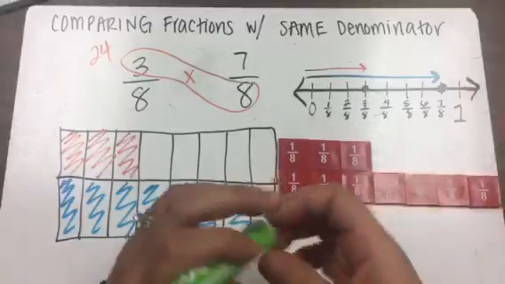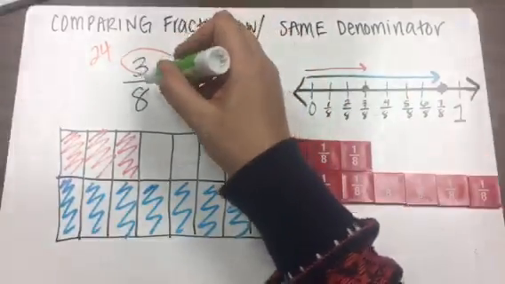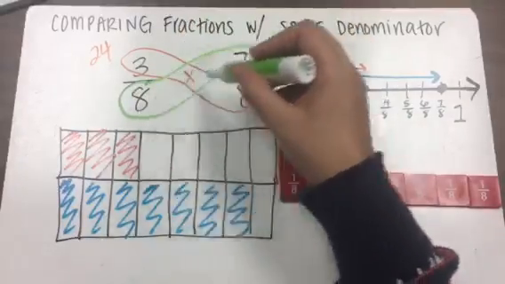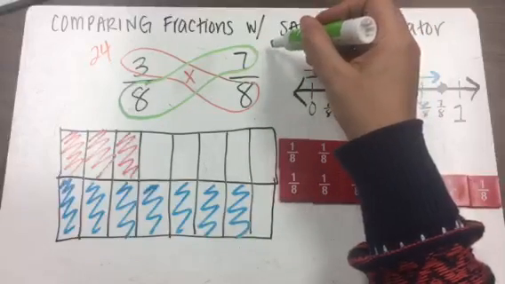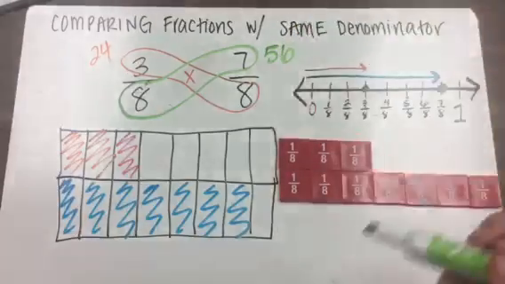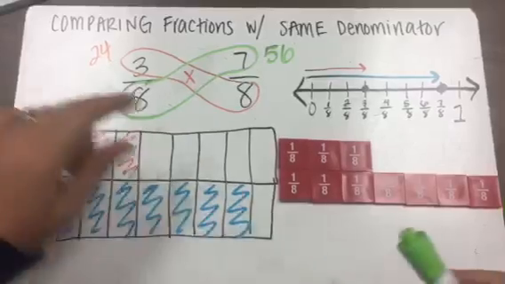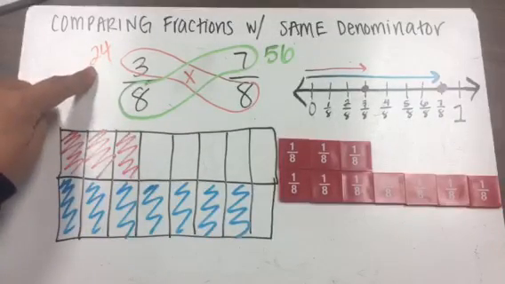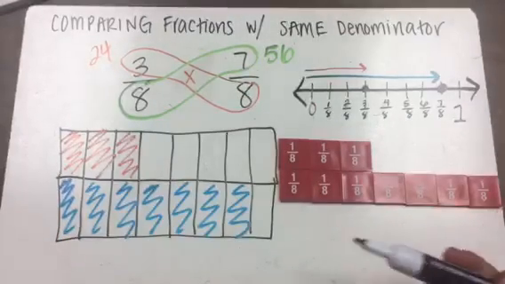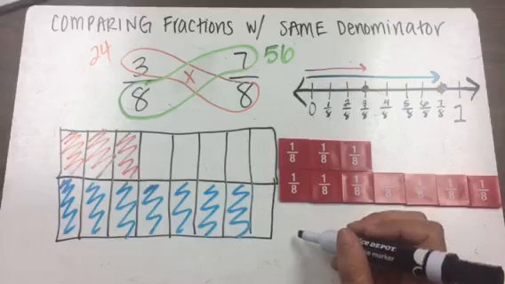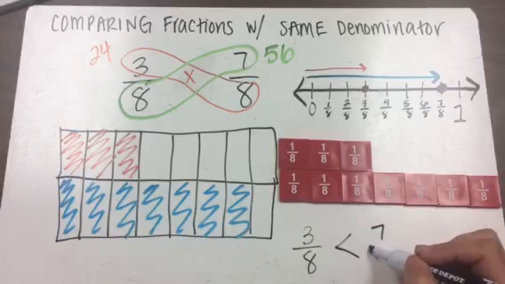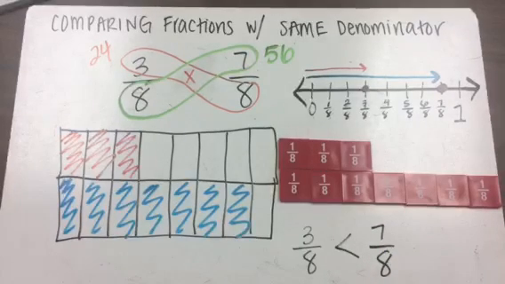And then do the same with the opposite numbers. 8 times 7 would be 56. Okay? And here it tells you that 24 is less than 56. So I would have to write my inequality. 3/8 is less than 7/8. Okay?